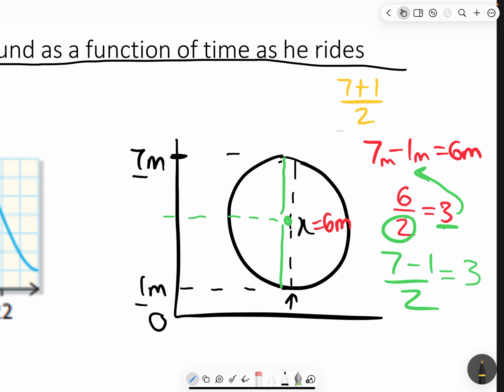This is because we're basically finding the average of these 2 points, which should give us a value that's exactly in between both of these points. So 7 plus 1 divided by 2, the value for this is gonna be 4, right?